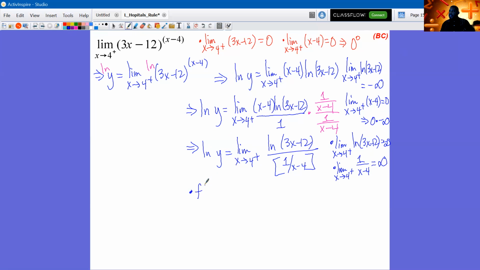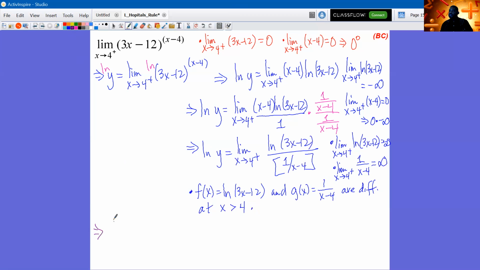So we know that f and g are differentiable at x greater than 4. Okay, so once I say that, then I can use L'Hopital's rule.